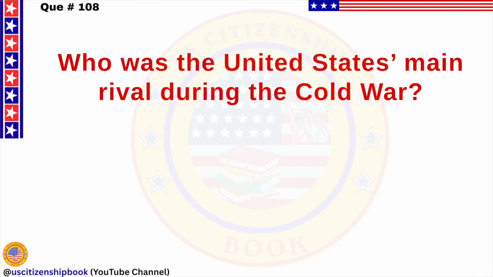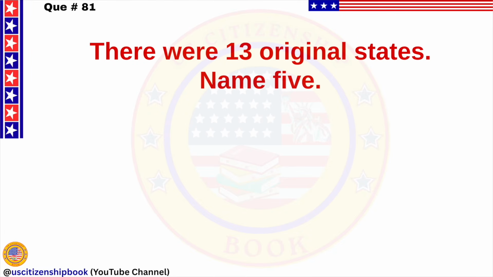Who was the United States' main rival during the Cold War? Russia. There were 13 original states. Name 5.